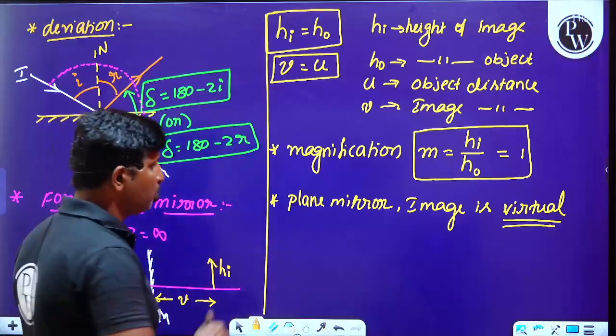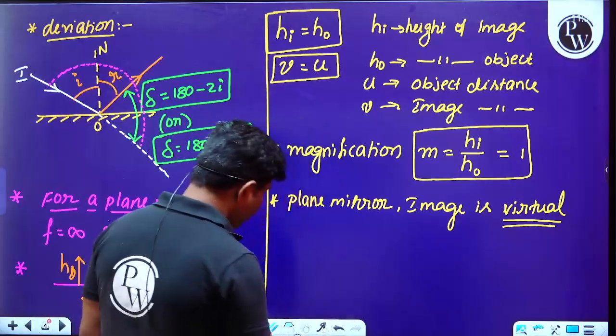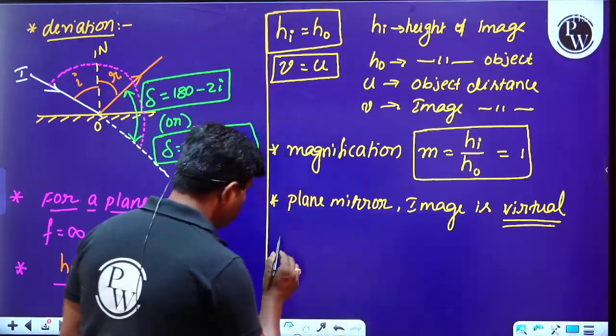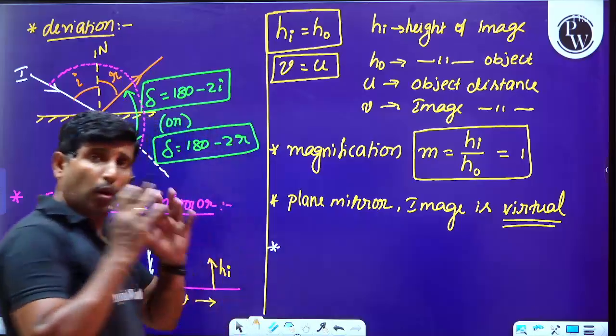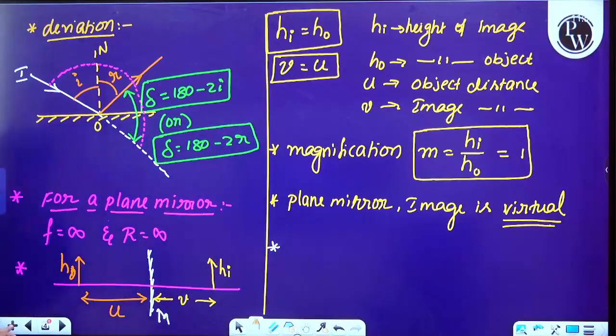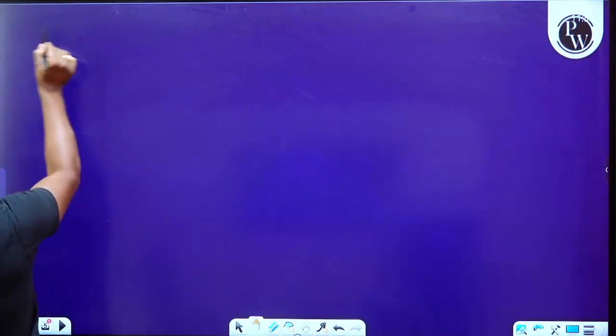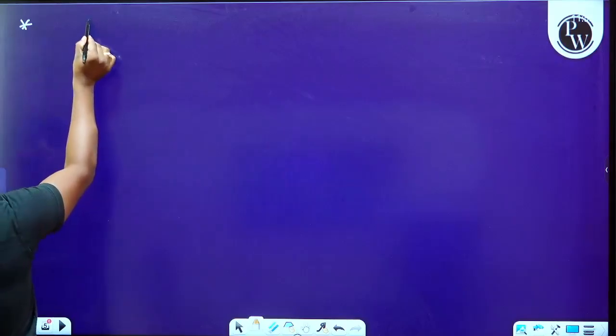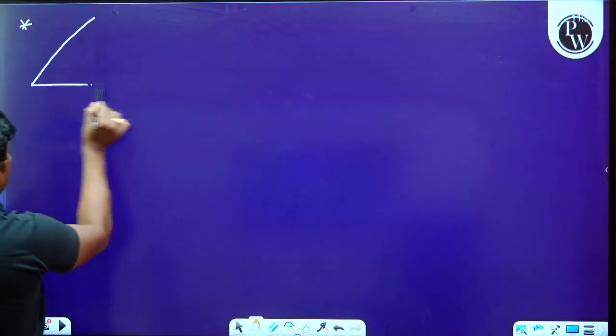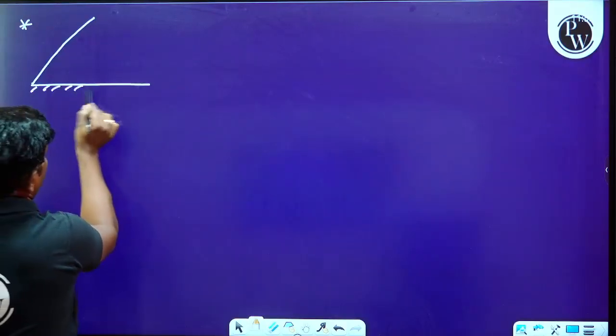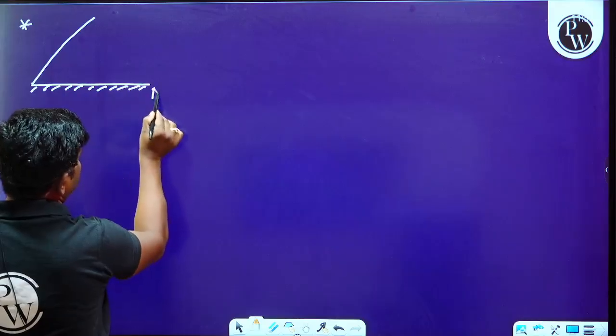We have to keep that point in our mind. Later we move on to the combination of mirrors, the deviation produced by the combination of mirrors.